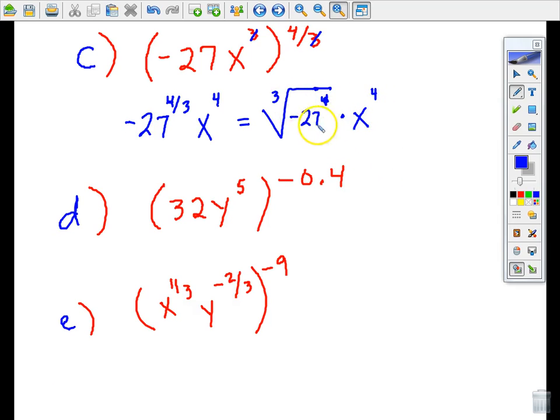So remember, don't do negative 27 to the 4th and then try to find the cube root of that. That's going to be tough. Let's do it easy. What's the cube root of negative 27? Negative 3. Now do negative 3 to the 4th. Should be positive 81. Negative 3 times itself 4 times. X to the 4th.